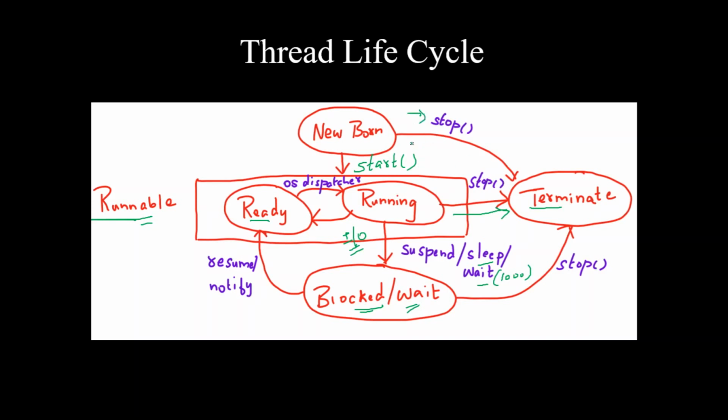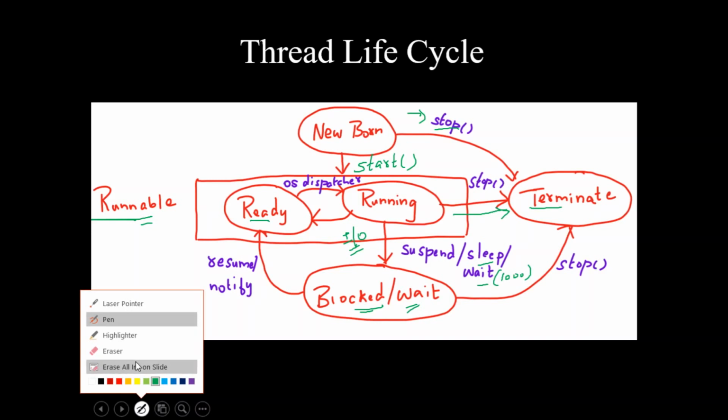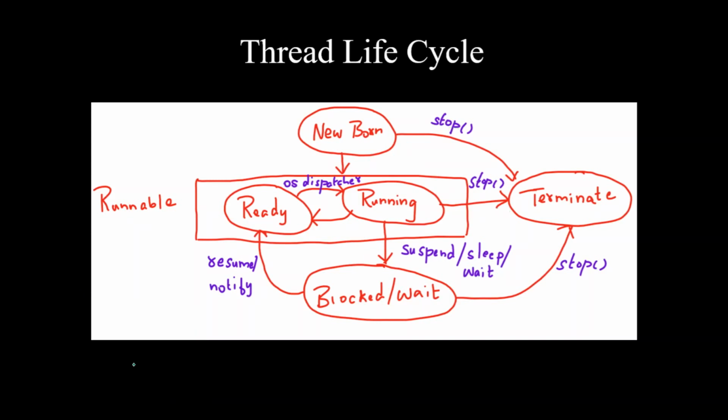If you call stop on a newborn thread, it will get into terminate state. Similarly, on a running thread, or on a waiting thread, if you call stop, it will get into the terminate state. So these are the different states a thread crosses during its life cycle.